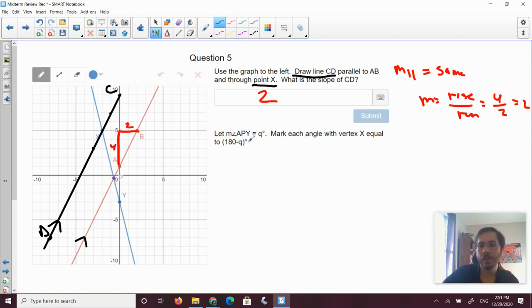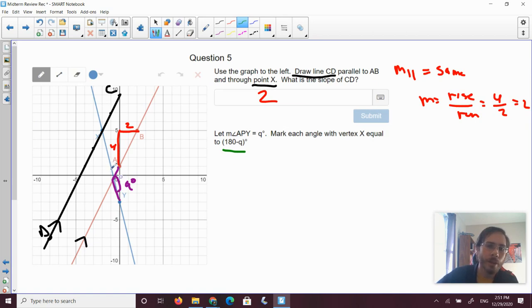So the second part of this question says, let the measure of APY, so that's this angle right here, be Q degrees. Mark each angle with vertex X equal to 180 minus Q. Well, I know the ones that are equal to 180 minus Q are the ones that make a linear pair with APY.